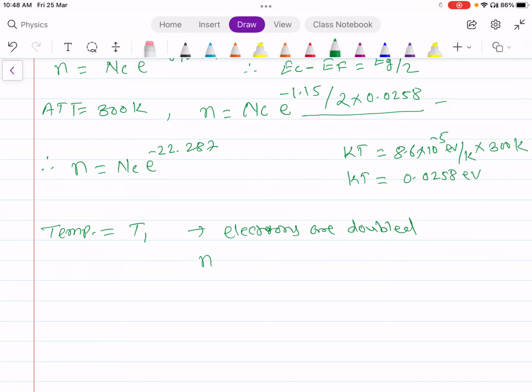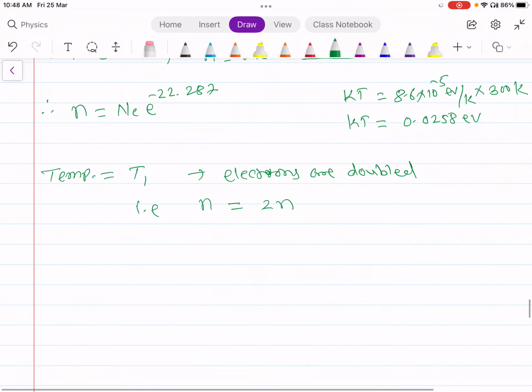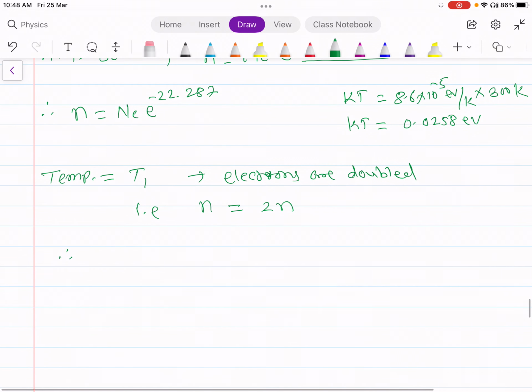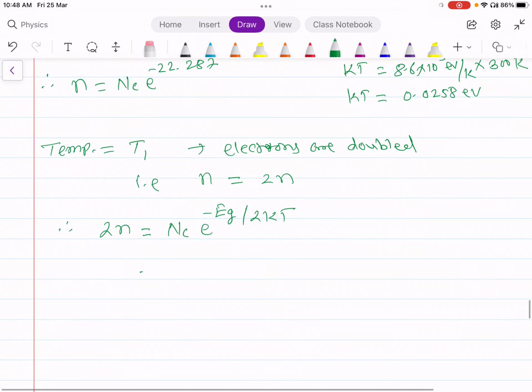That is, at this temperature, N becomes equal to 2N. Therefore, this 2N is equal to Nc into e raised to minus of Eg upon twice KT. Let us substitute the values of band gap.